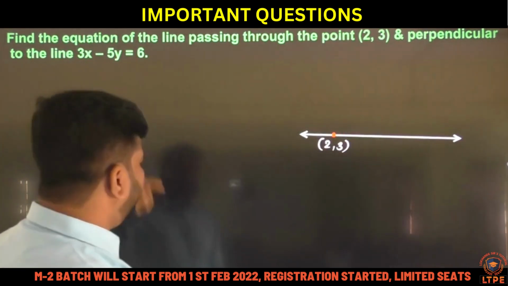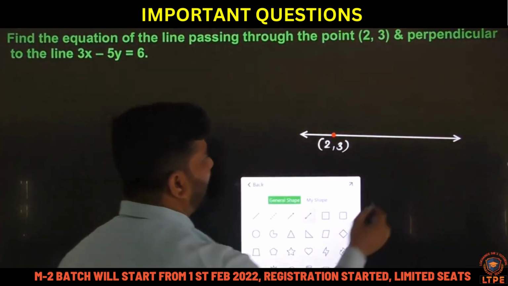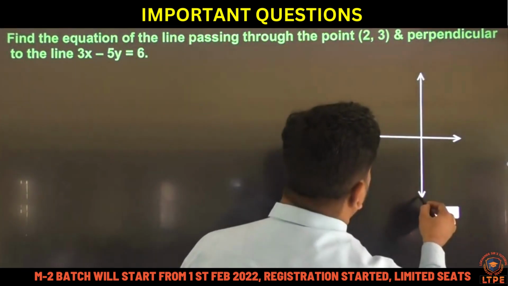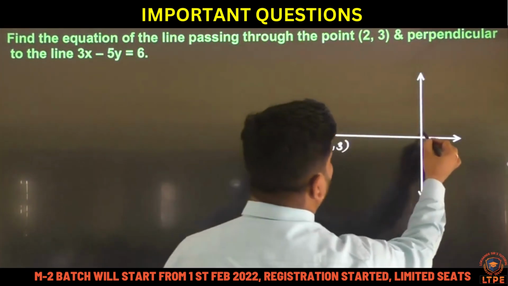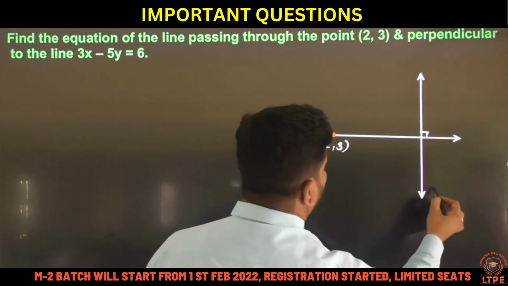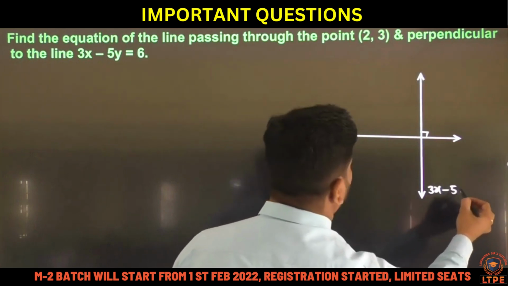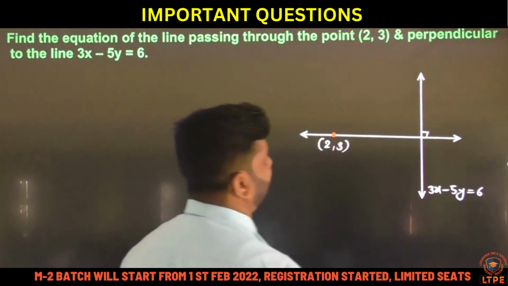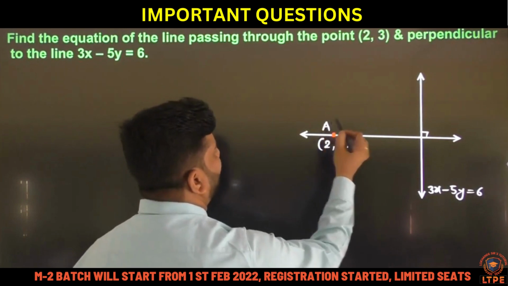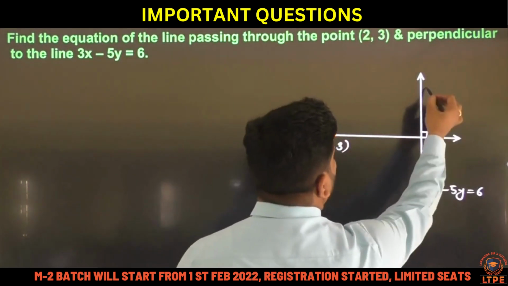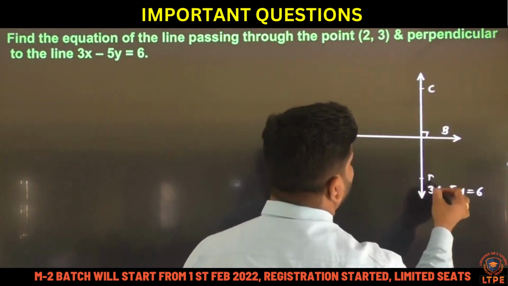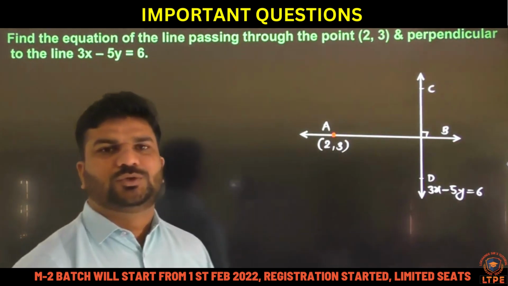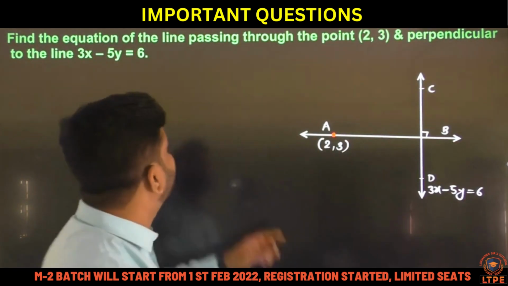Our required line is perpendicular to another line, which is 3x minus 5y equals 6. So this is the required line AB, which is perpendicular to line CD. What is the given condition in the problem?